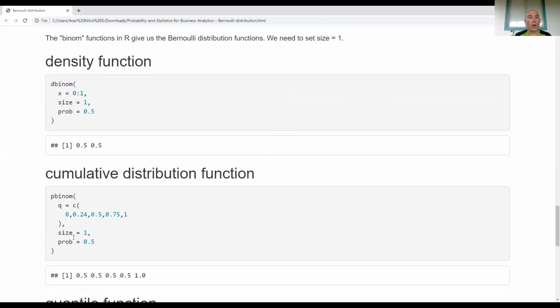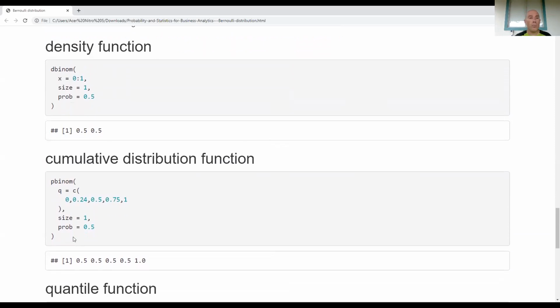Okay, so how does this work? When I'm dealing with the density function, this is going to give me the probability of seeing a particular value when I'm dealing with discrete distributions. And so I'm going to say, hey, I want the probability of 0, I want the probability of 1 when size is 1, so this says it's Bernoulli, and probability is 50-50.